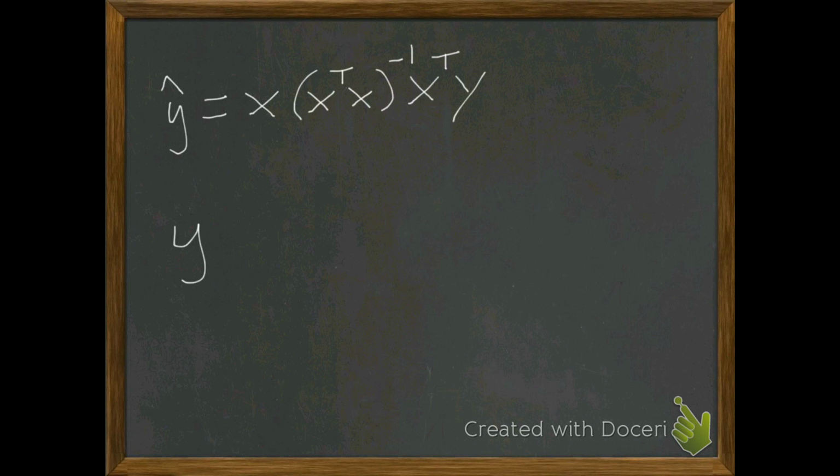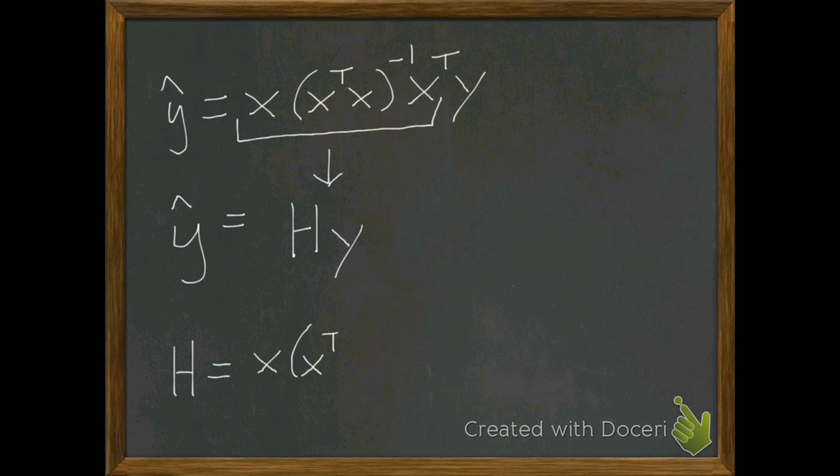Now, if we rethink this as y hat equals this value, and we will call that h times y, we can see clearly that h, which is our hat matrix, is x transpose x inverse x transpose.